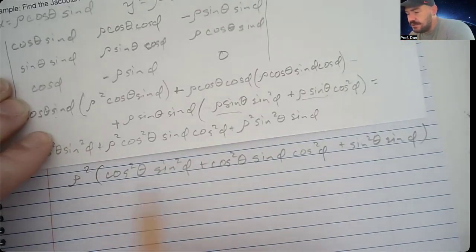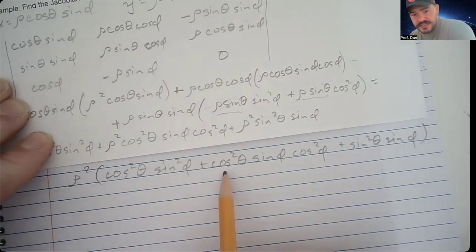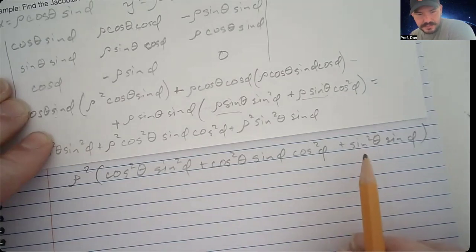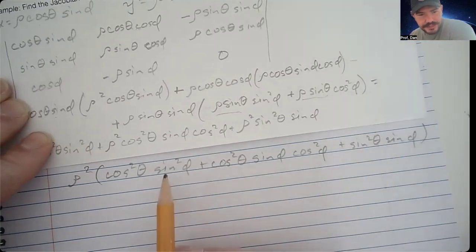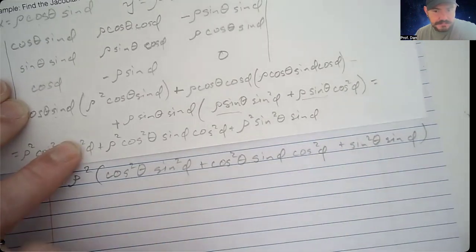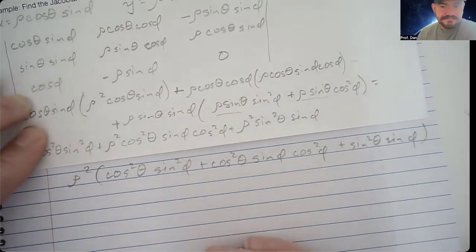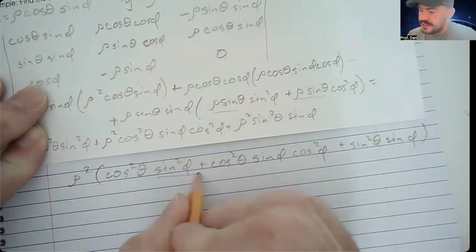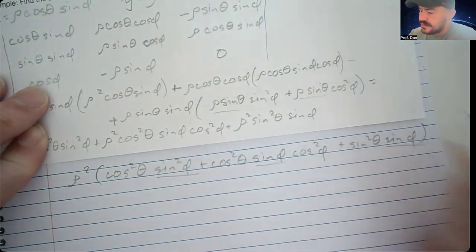For example, these both have a factor of cosine squared theta. This doesn't. All three terms, though, also have a factor of sine phi. If there's sine squared phi, there's sine phi, there's sine phi.